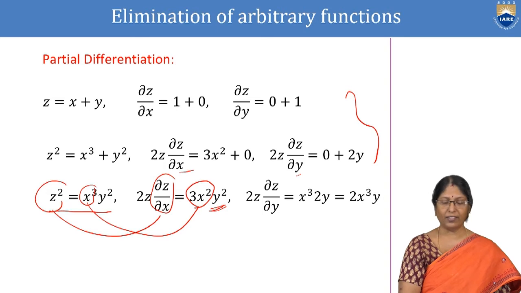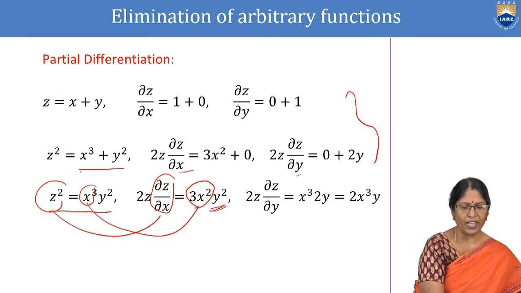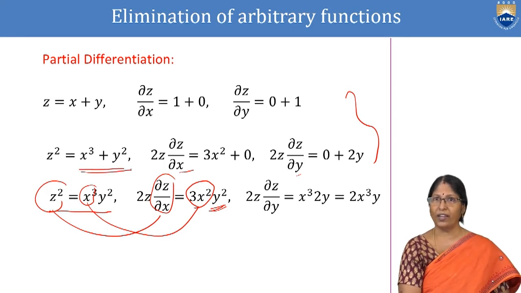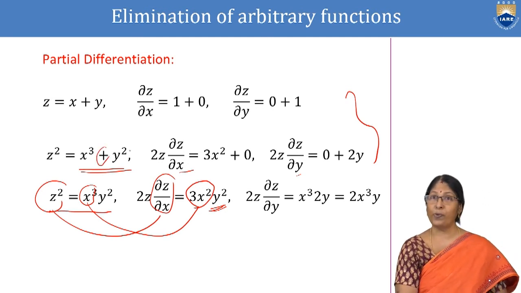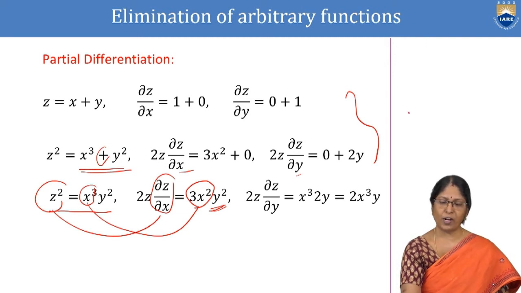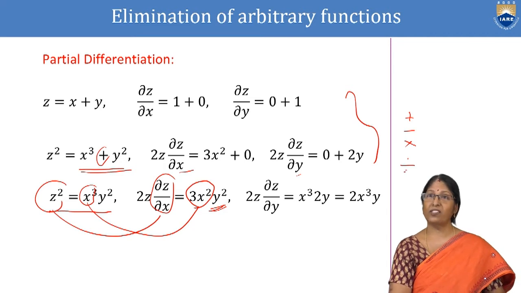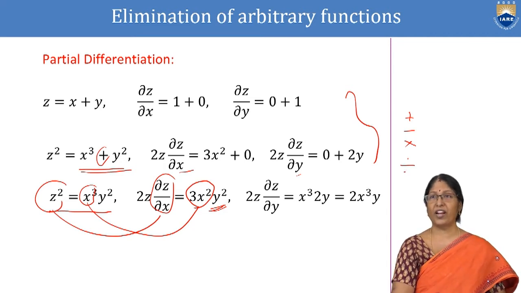The reason is the two variables are there, x and y. They are combined with our mathematical operation addition. The four operations are playing the role in mathematics: plus, minus, multiplication and division.